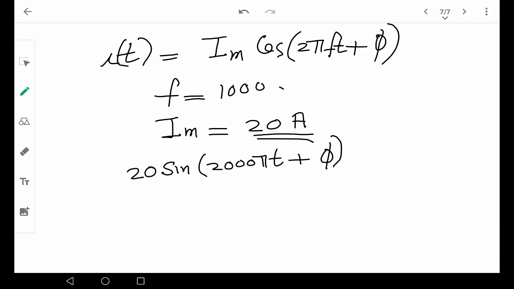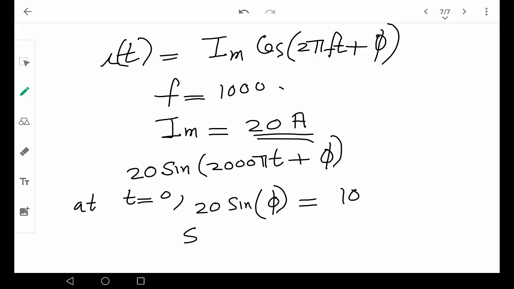Now at t equal to 0, the term 2000 pi t is gone, and 20 sine phi is given as the magnitude of current at 0 time, which is 10 ampere, right?